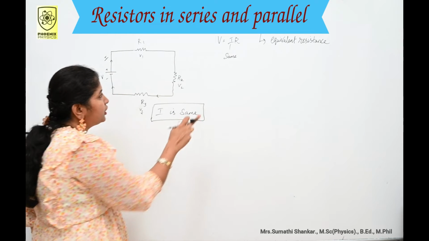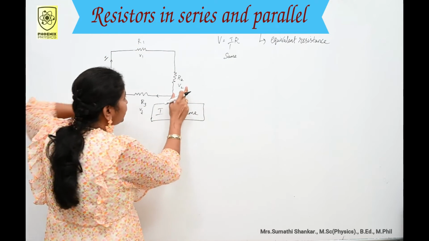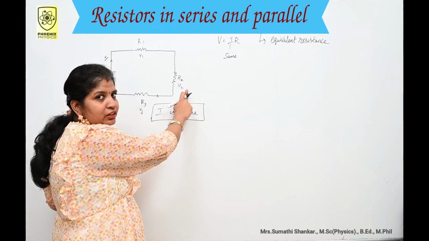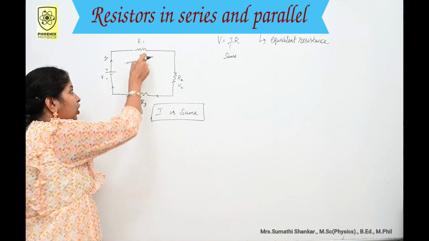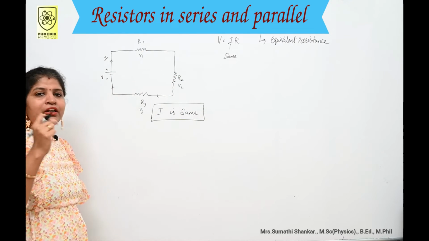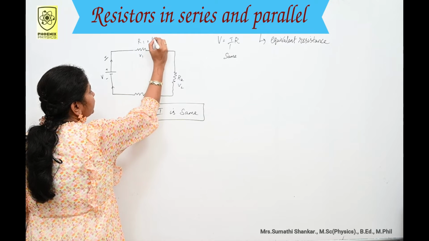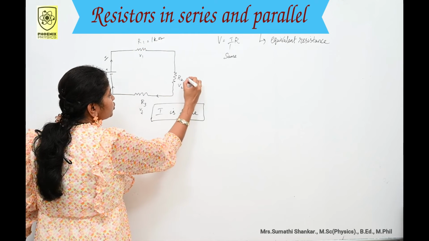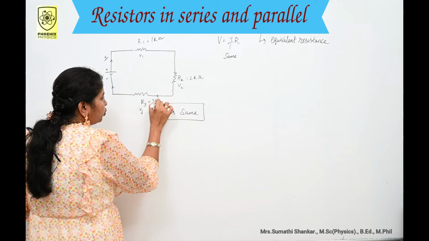According to Ohm's law, if same current flows through different resistors, then the potential difference across the resistors must be different. For example, here R1 is 1 kilo ohm, here R2 is 2 kilo ohm, here R3 is 3 kilo ohm.